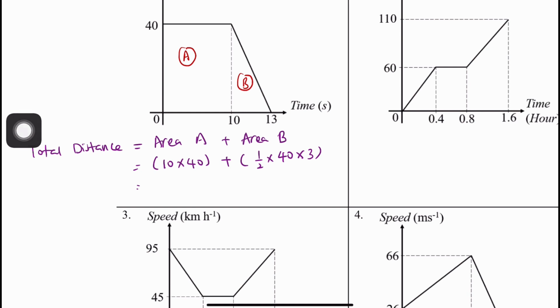So 10 times 40 is 400, plus 40 times 3 divided by 2 is 60.